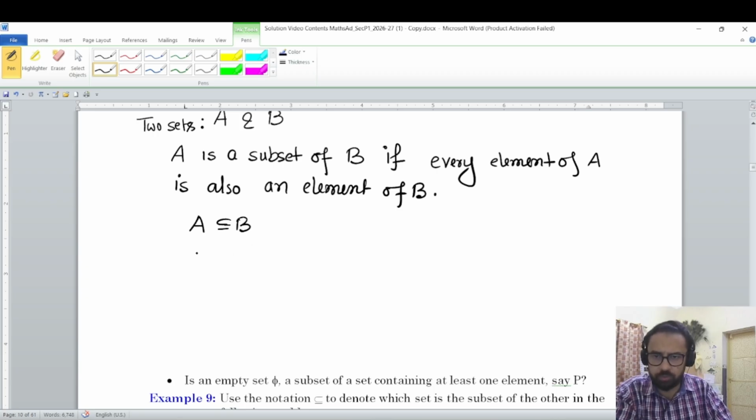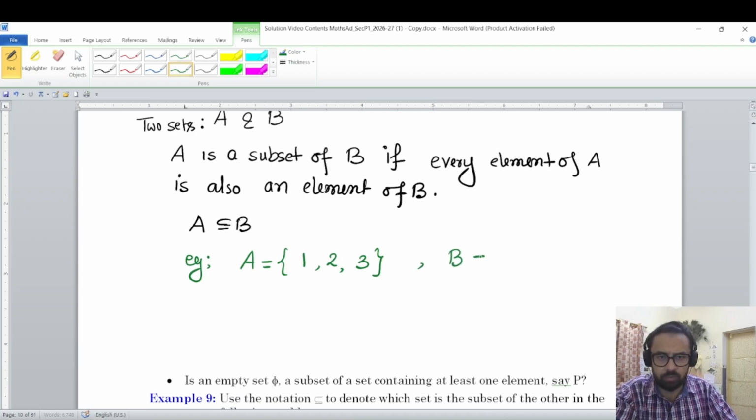If I give an example, then it will be clear to you. Say for example, A equal to 1, 2, 3, and B equal to, for example, 2, 3 and 1.